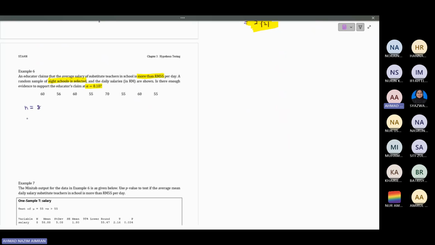So X bar is summation of X over N, and it is equal to 60 plus 56 plus 55 over 8, and the X bar is equal to 58.875.